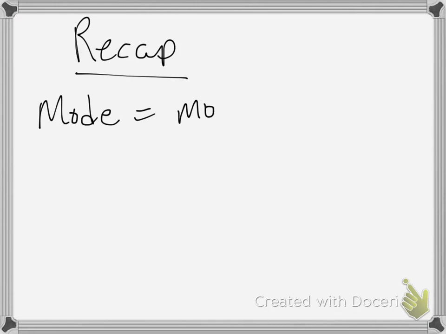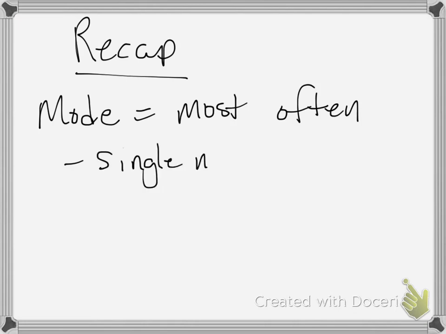So that's it. A quick little recap for mode. Mode is the number that we see the most often. It can be a single number. It could be more than one number.